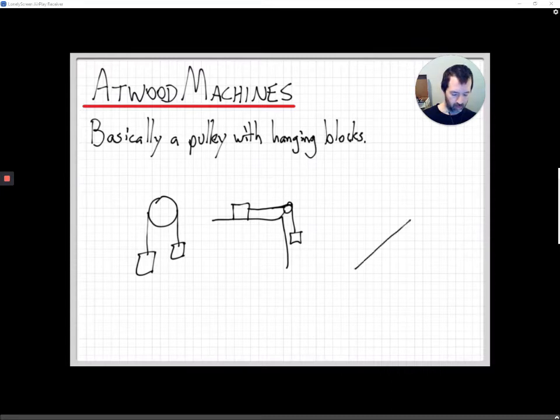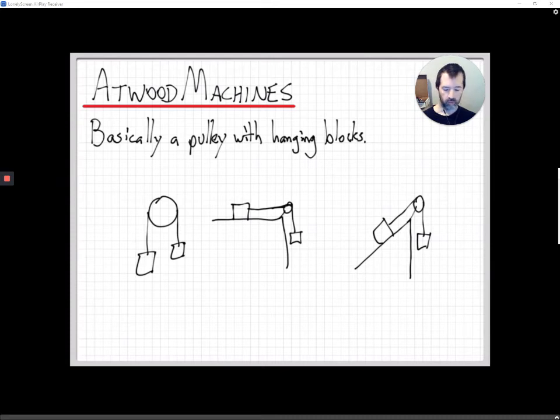And you could do other weird things, like if that's the pulley, I could have one block hanging vertically and the other one on a ramp, so you have to do ramp forces at the same time that you're doing the Atwood stuff. And there's other tricks that can be thrown in as well, like once we've covered friction this year, we can do a modified Atwood that has friction as well as the gravitational forces.